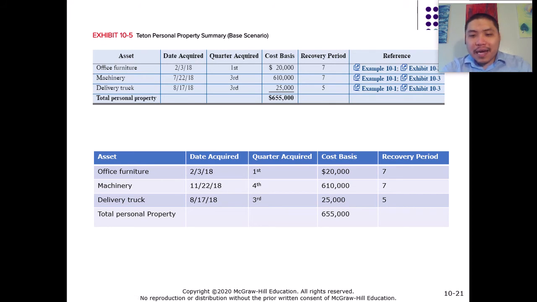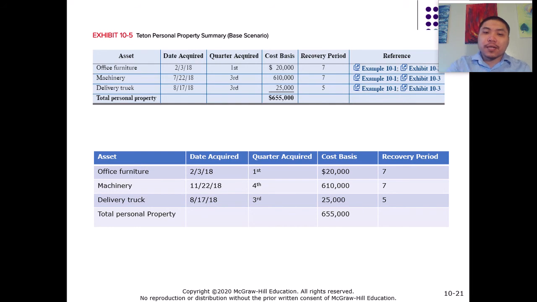Because of that, we have to use the mid-quarter convention for this scenario. I just wanted to show you how we can determine whether we use the half-year convention or the mid-quarter convention, right?